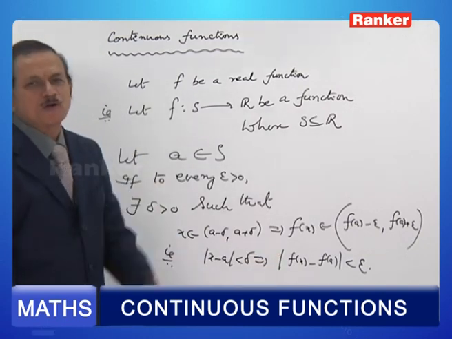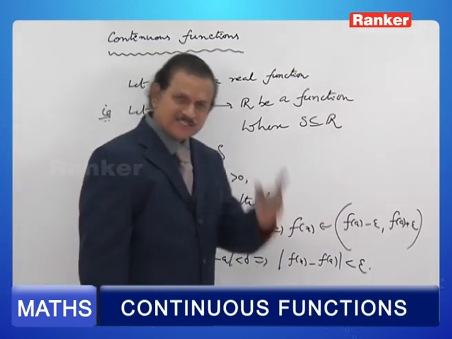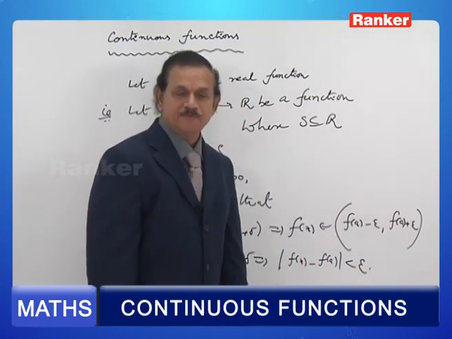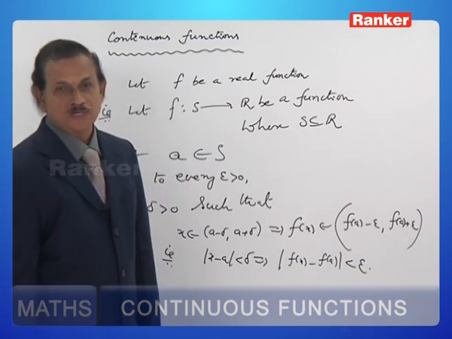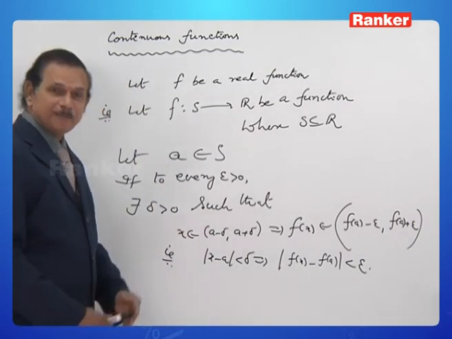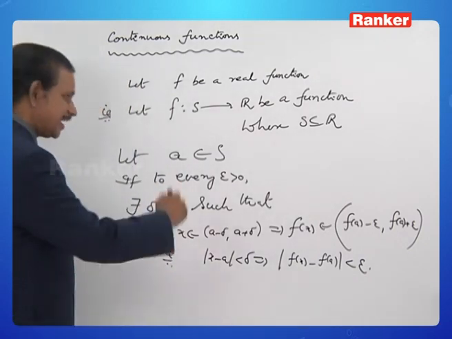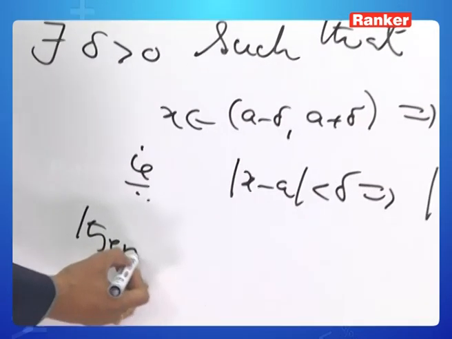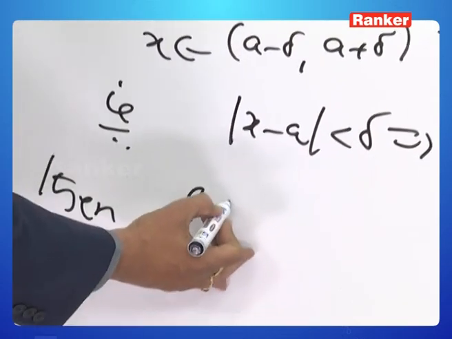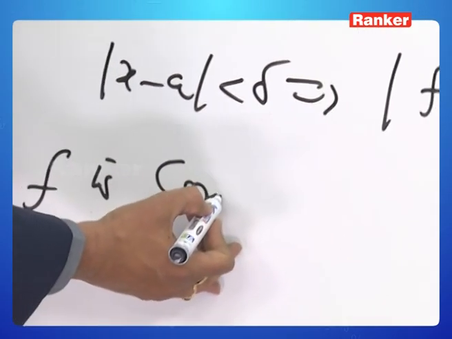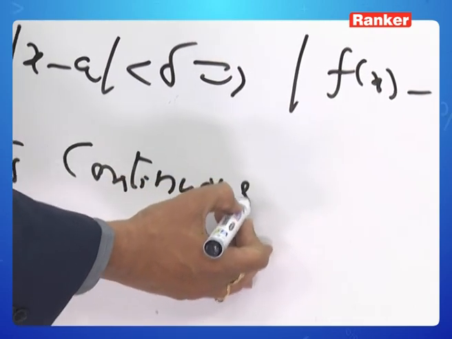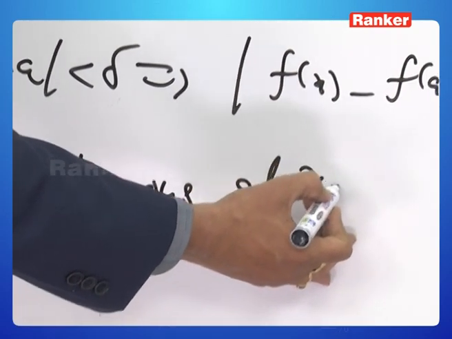And in the place of L of the limit definition, we have f of A: mod f of x minus f of A less than epsilon. If this happens, then we say that f is continuous at x is equal to A.